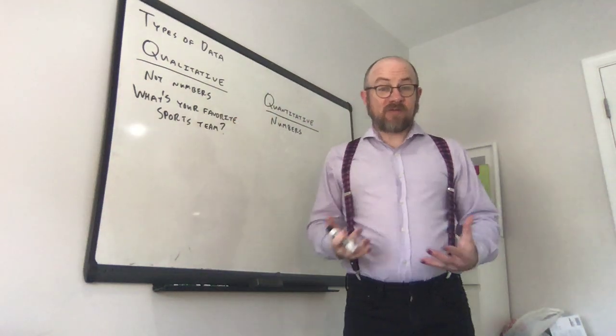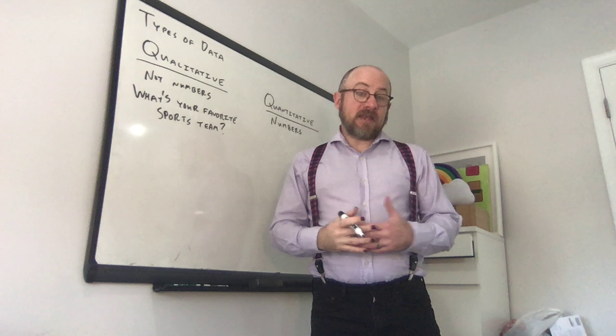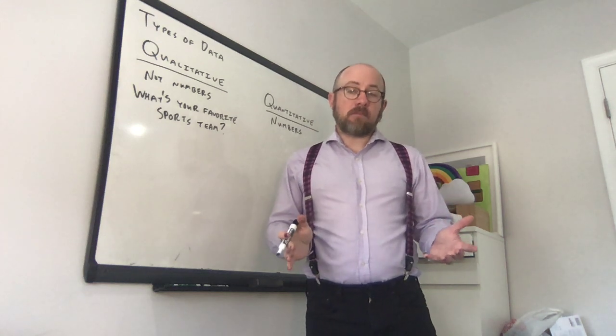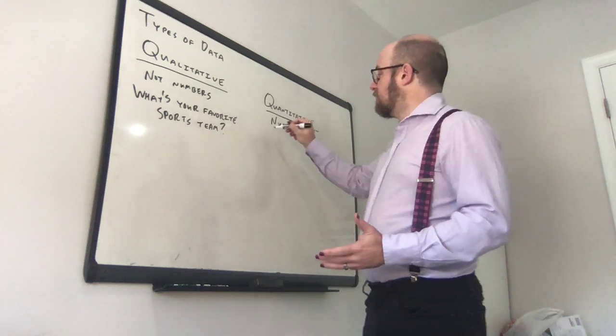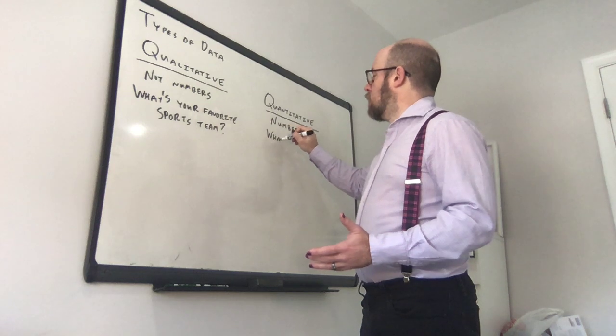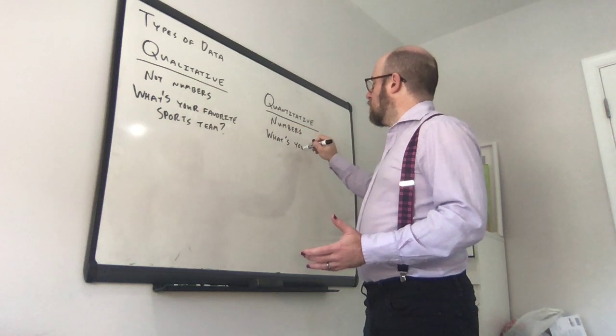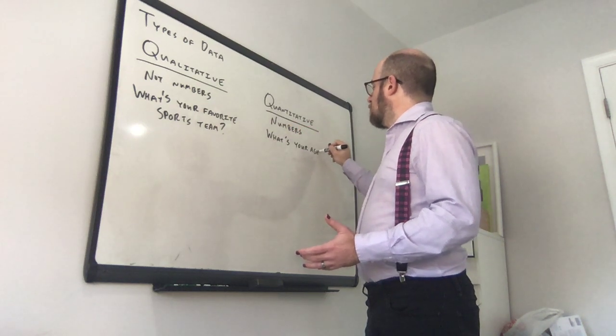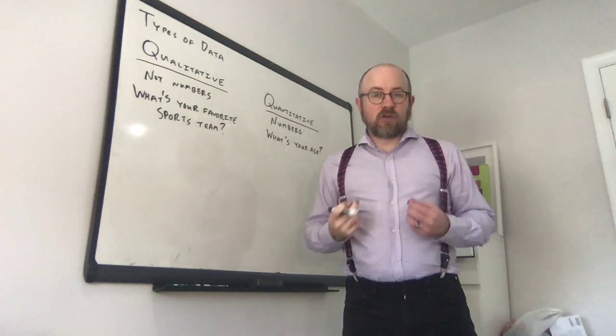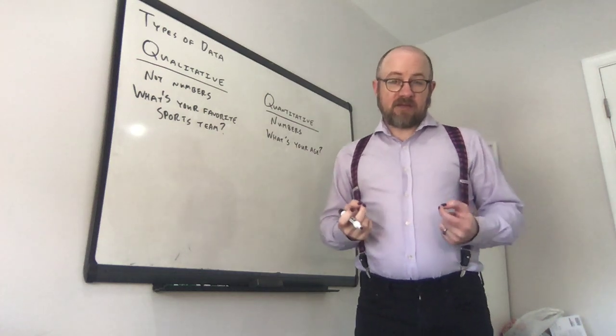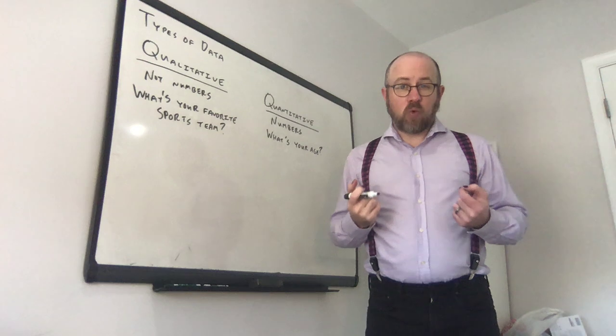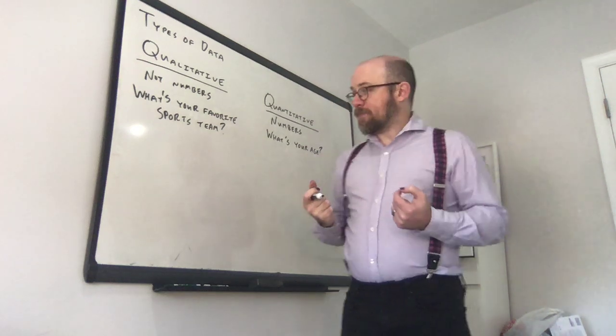So if somebody asks you that question, they're asking for a name, right? Not for a number. Whereas if somebody asked you, what's your age, right? They're looking for a numeric answer, right? Something that's actually quantitative, okay?